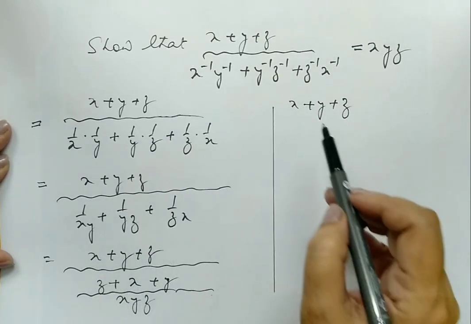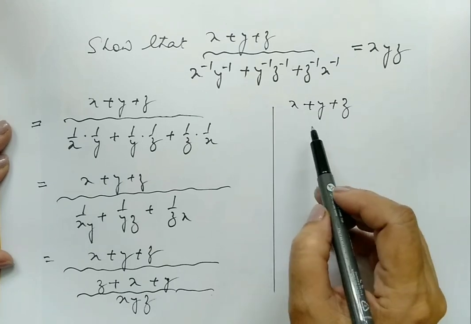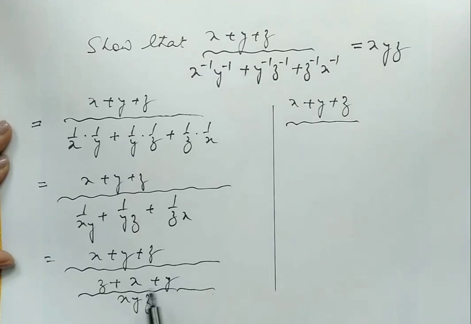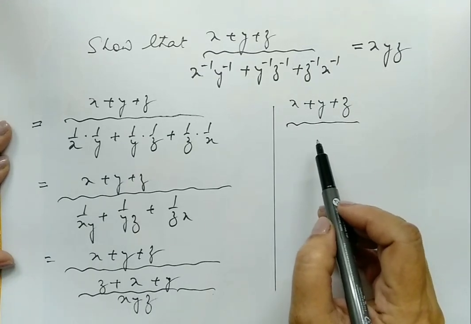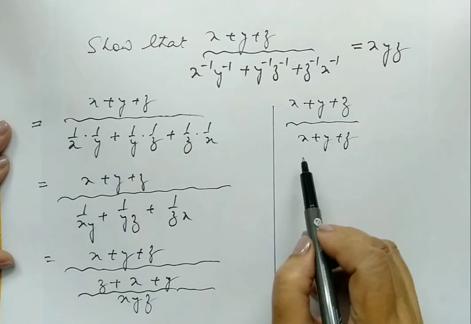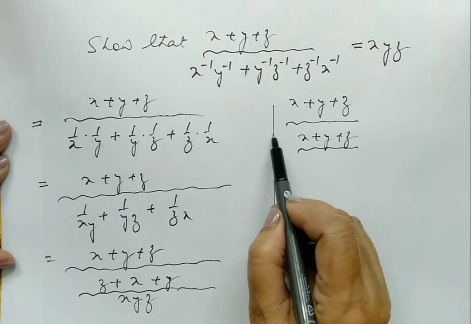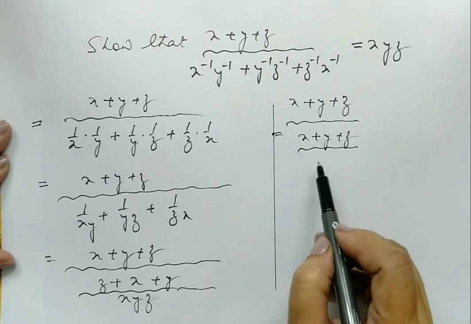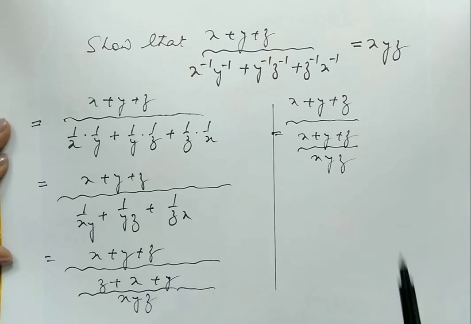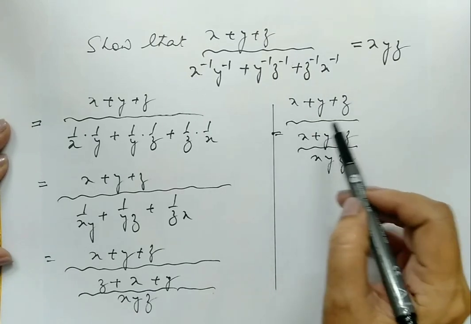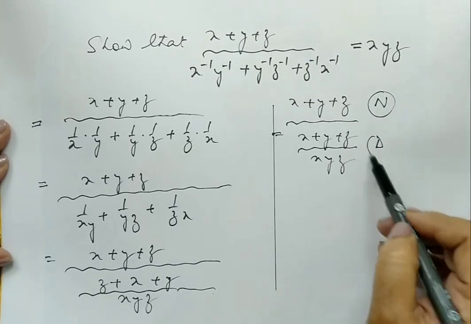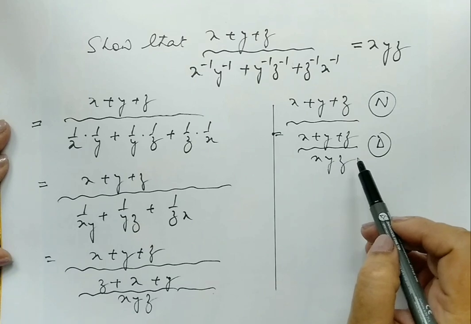Next, we have x plus y plus z. Remember, this is the numerator I'm talking about. And here below, xyz can be written in alphabetical order. So x plus y plus z divided by what? xyz. Correct? So whenever we have this as numerator and this as denominator, generally we divide, isn't it?